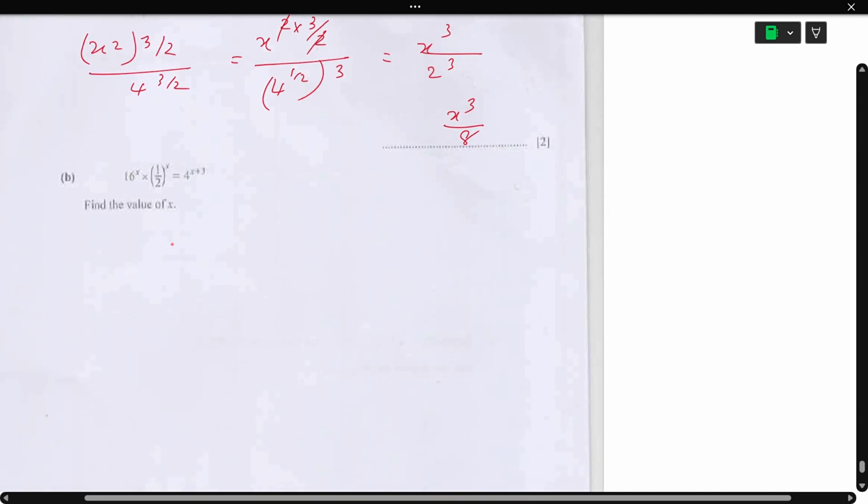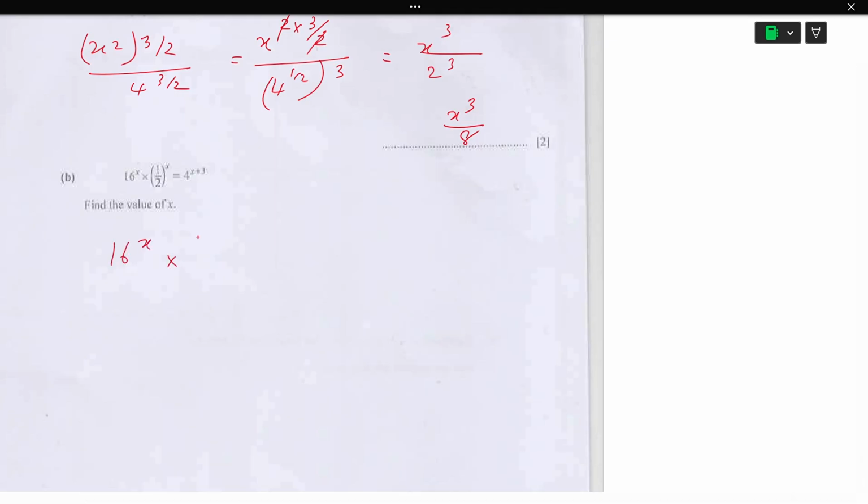So the next question: 16 power x times this, I'll bring it up, so it becomes 2 power negative x equal to 4 power x plus 3. So here, 16 I can write as 2 power 4, 2 power 4 whole power x times 2 power negative x. Here also I'll write 2 square power x plus 3.